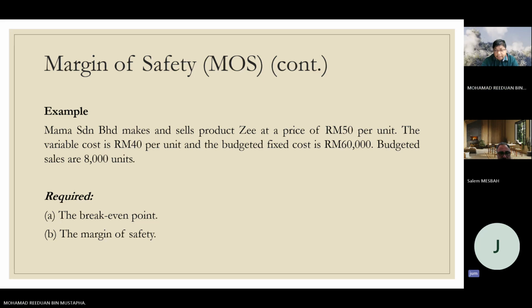Yes, margin per unit. 15 minus 14 equals 10 ringgit. Yes, CM per unit is 10 ringgit. Yes. Break-even point is 60,000 divided by 10, which is 6,000 units. Okay, correct. So break-even point is 6,000 units.